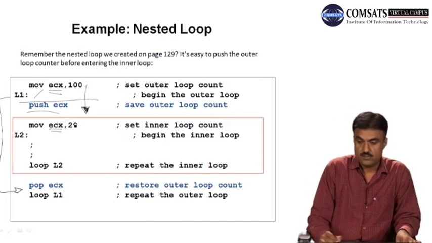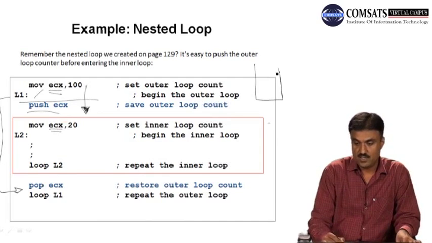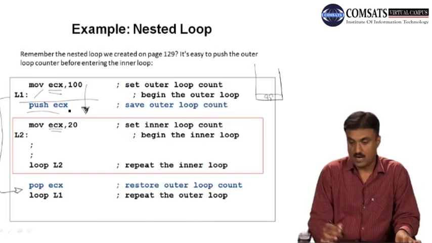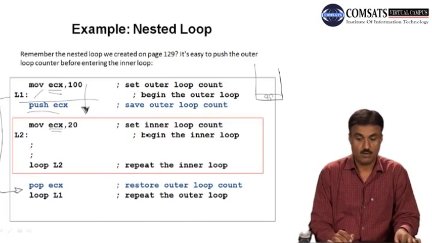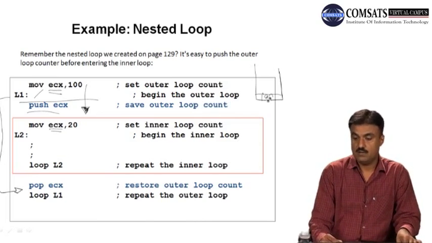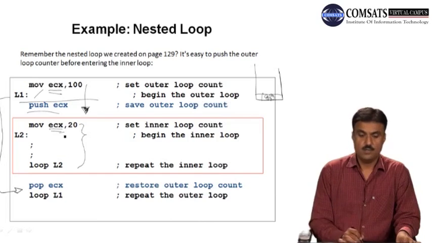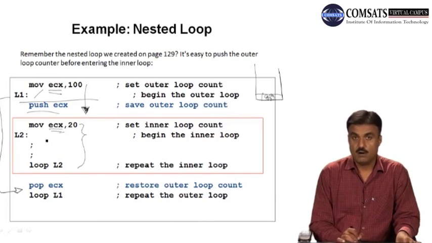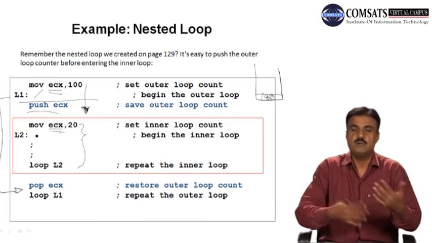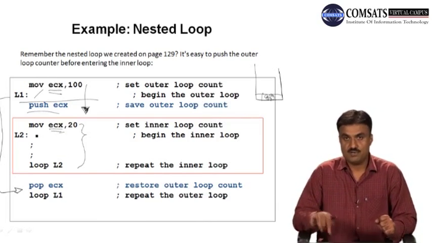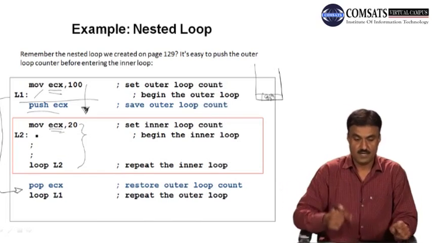For example, the current value is 100, and that has been pushed. Now this is the new value for ECX, so the inner loop will manipulate ECX as a counter. It will decrement during each iteration when the loop repeats.